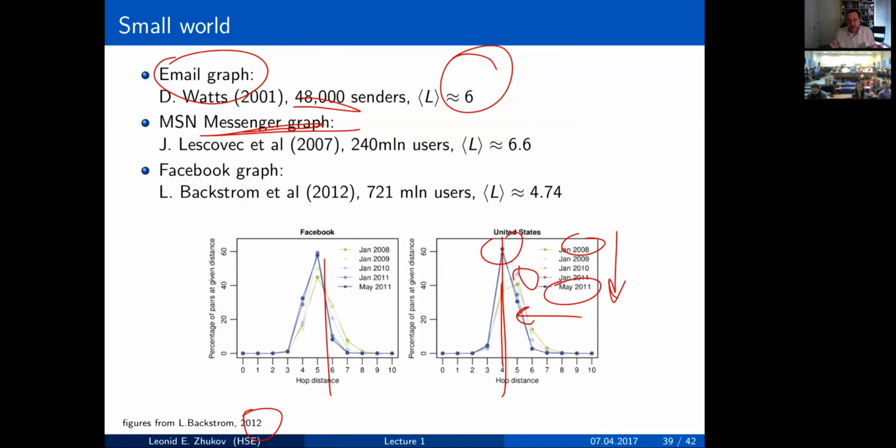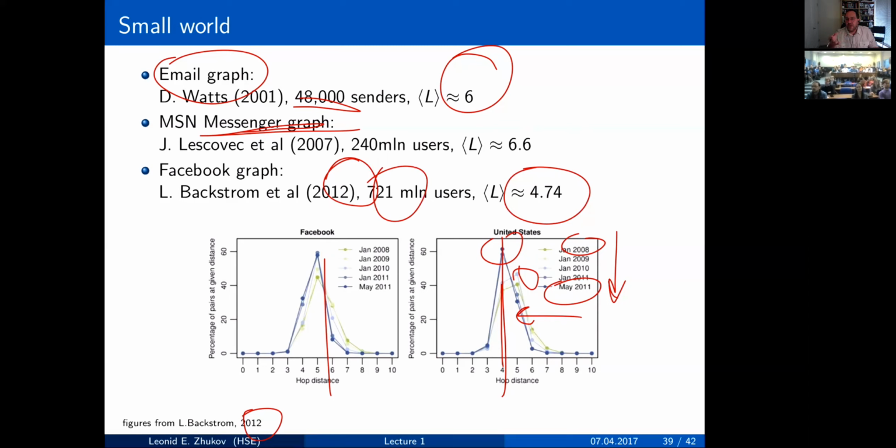The average pathway is shrinking. According to Facebook in 2012, there were on average 4.7 steps between people. Now, Facebook in 2012 had 700 million users. How many users are there now in Facebook? Do you know? Yeah, more than a billion, right?